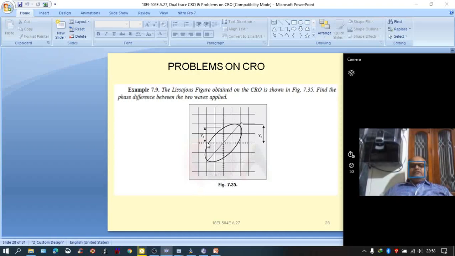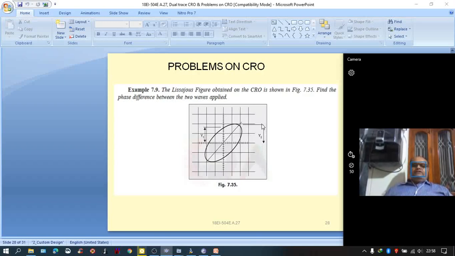According to the graticule measurement, what is y1? y1 is 1 and 3 subdivisions, so 1.6, or else you can say 5 plus 3, 8 subdivisions, and y2 is 10 subdivisions.